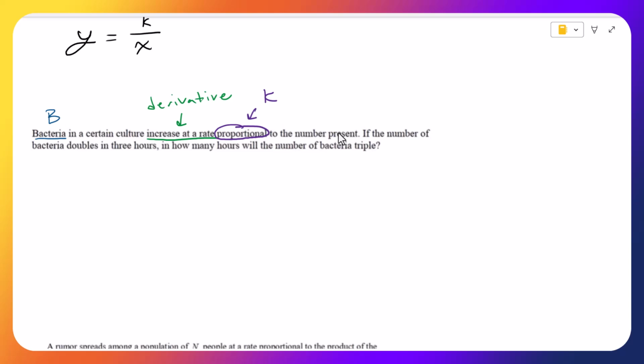And this is also still talking about B, because it's talking about bacteria, to the number of bacteria present. That's implied. And I actually don't care about this question right here. We're going to get to that question later. I just want us to write the equation.